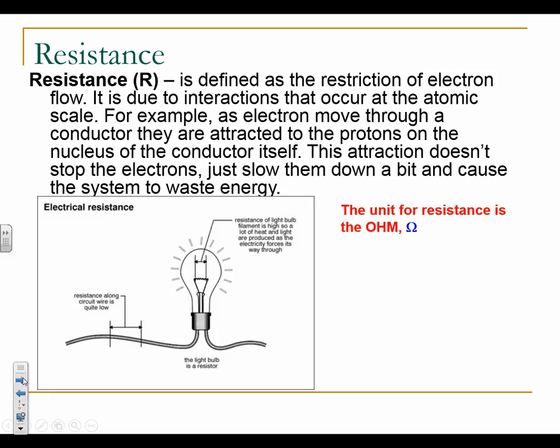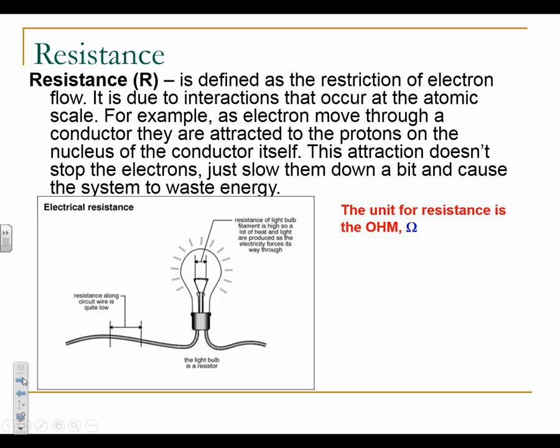Now resistance, since we've said this word a couple of times now, really is defined as the restriction of electron flow. It's due to an interaction that occurs at the atomic scale. For example, as electrons move through a conductor, they're attracted to the protons of the nucleus of that conductor itself.